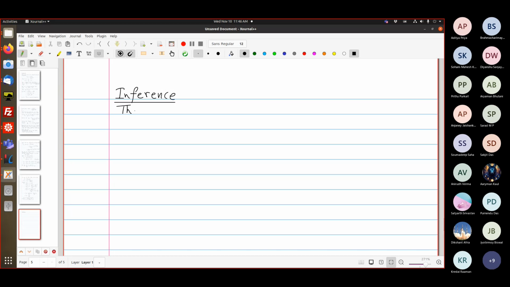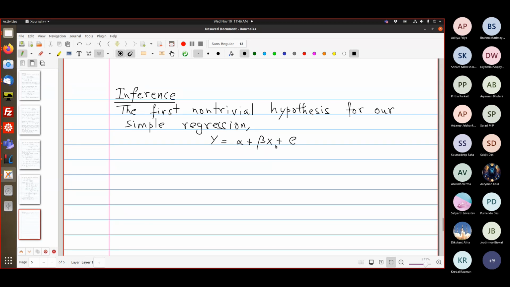The first non-trivial hypothesis for our simple regression, y is alpha plus beta x plus e, where e is the error, is to check that beta equals 0.